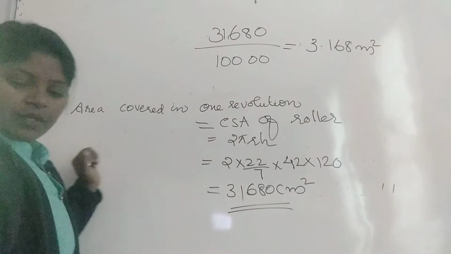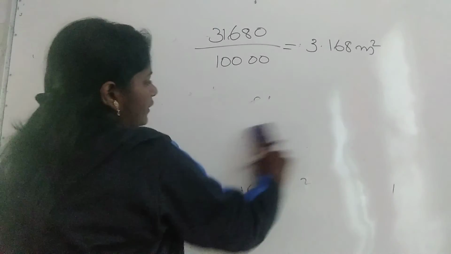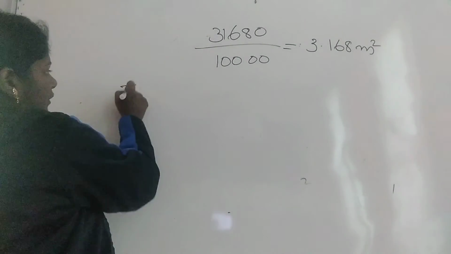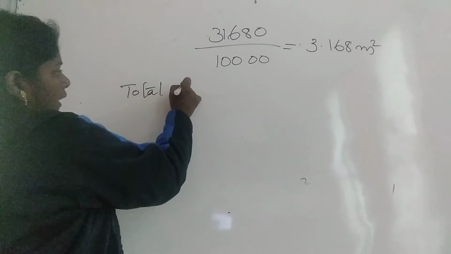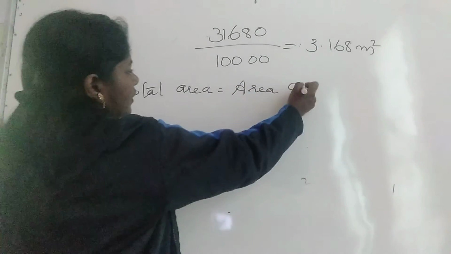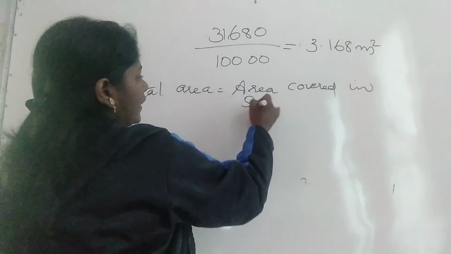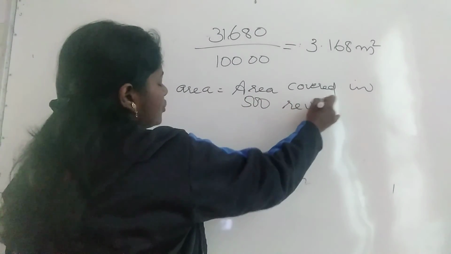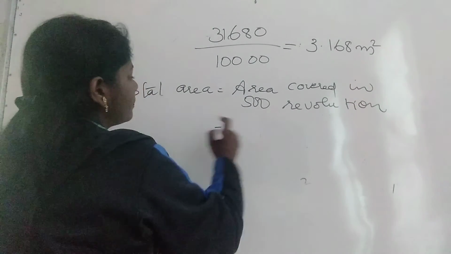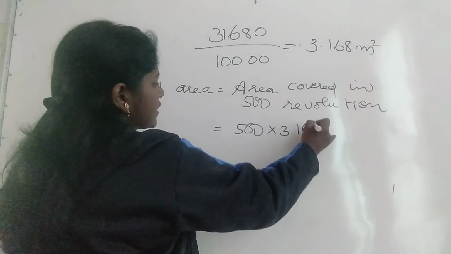So, the area covered in 500 revolutions will be the total area. Total area equals the area covered in 500 revolutions, that is 500 into 3.168 meter square.